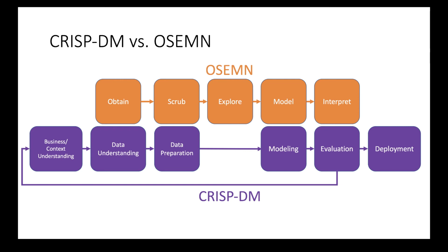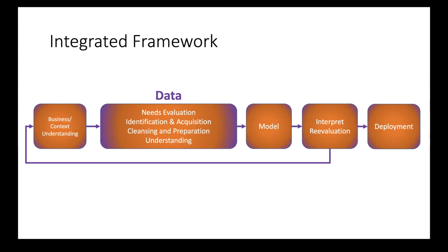All right. So I'm not going to really go into a ton of detail. There was the reading on CRISP-DM that I do want to make sure that you do. What I'm just trying to make you understand is that all of these different models that you're going to see out there in different contexts end up being the same basic process. I have a business problem or a context problem that I want to answer a question about. I go get data. So I have a needs evaluation for what data I need.